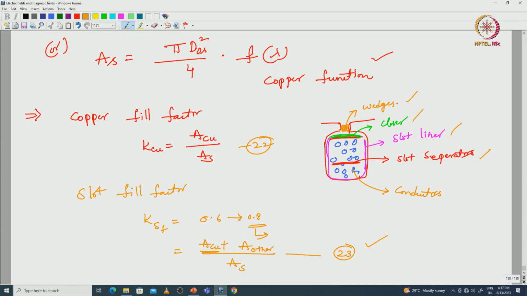At the end, after calculating the slot area and knowing the slot fill factor, slot area into slot fill factor should be greater than the cross sectional area of each conductor into the total number of conductors in a single slot, that is 2 into m into n phase divided by Qs.